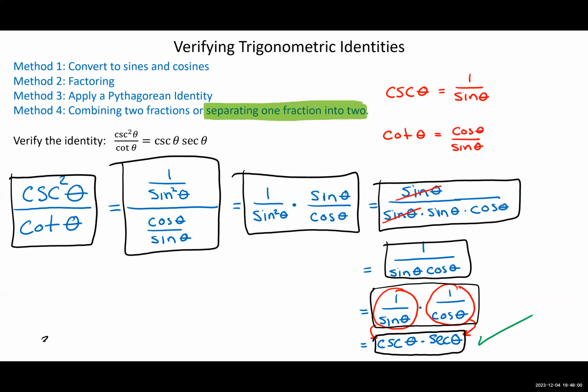The more problems you do, or redo, or watch being done, the more problems you work through, the more you see these common occurrences, these things that happen over and over. This little trick right here, I think it happened 3 times, where we took sine squared and wrote it as sine times sine, or cosine squared and wrote it as cosine times cosine, or secant squared, wrote it as secant times secant.